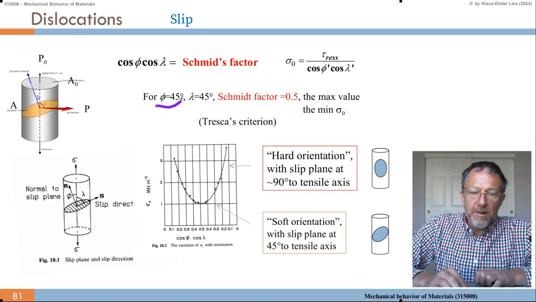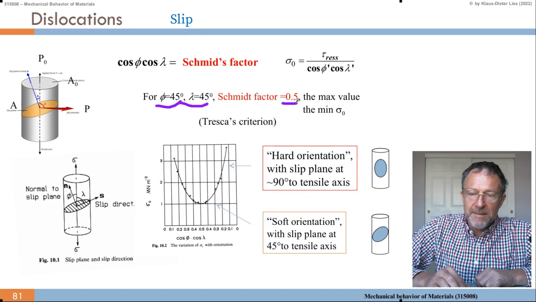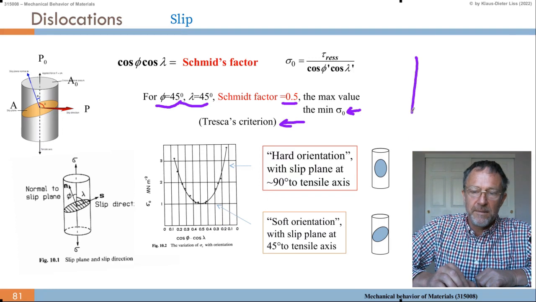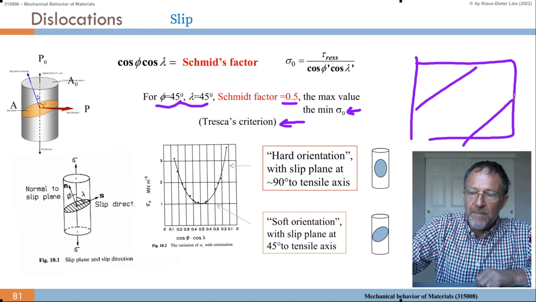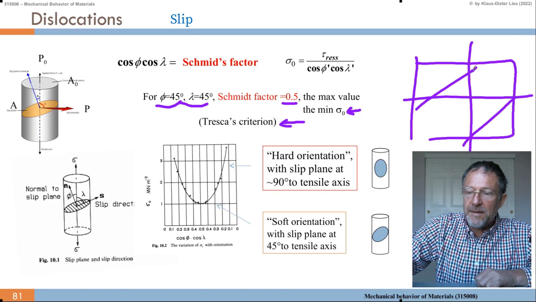So we know already for phi equals 45 degrees and lambda equals 45 degrees, the Schmidt factor becomes maximum, 0.5. At this maximum value we need the smallest sigma 0 to yield the material, and this is nothing else but Tresca's criterion. Remember the Tresca criterion? We had this yielding surface, and it was something like that. Here we have sigma in the x and the y direction.